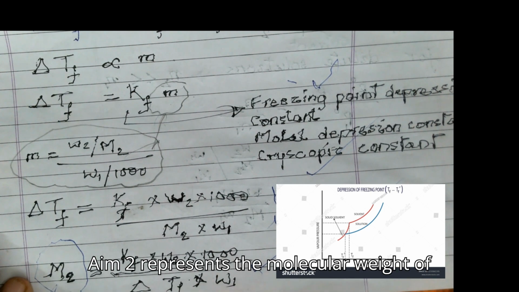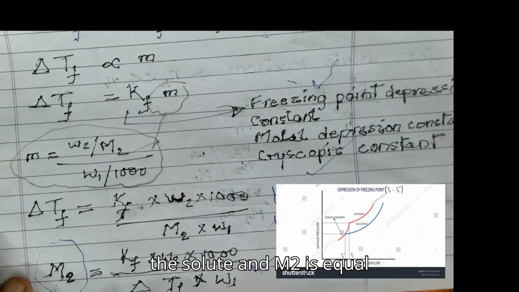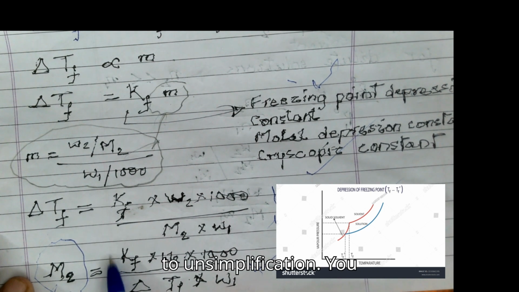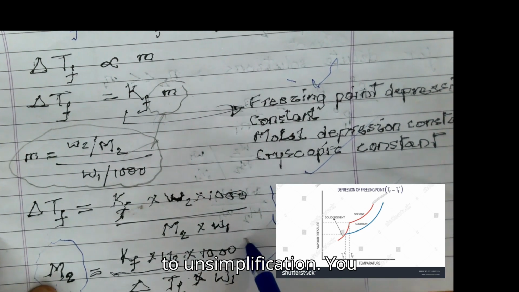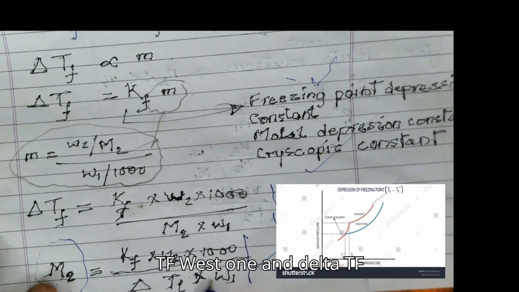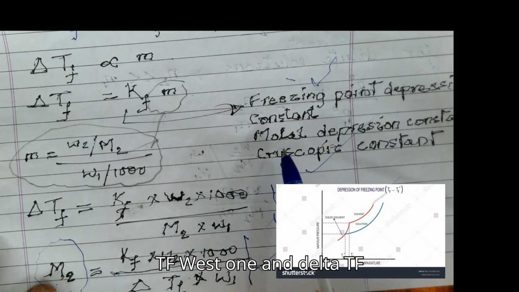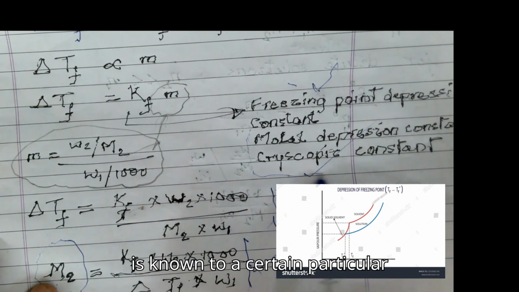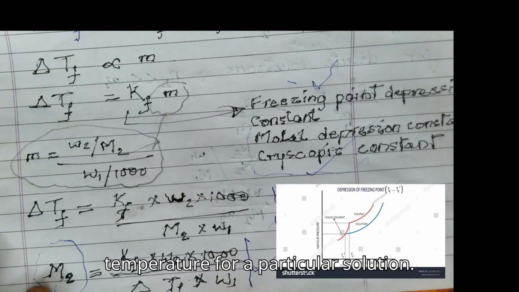M2 represents the molecular weight of the solute. And M2 is equal to, on simplification, Kf into W2 into 1000 upon delta Tf into W1. And delta Tf is known to us at a particular temperature for a particular solution.